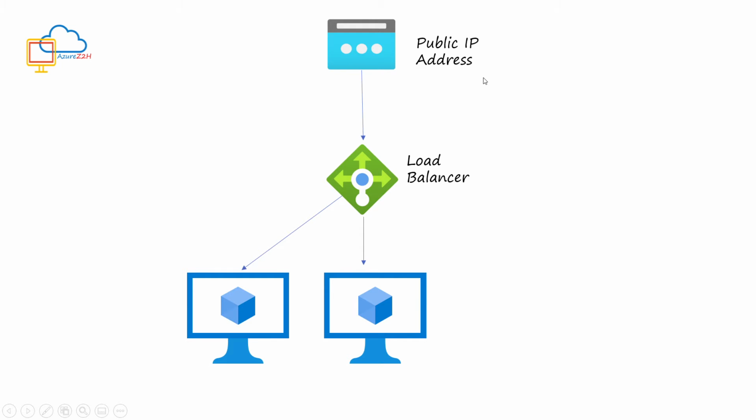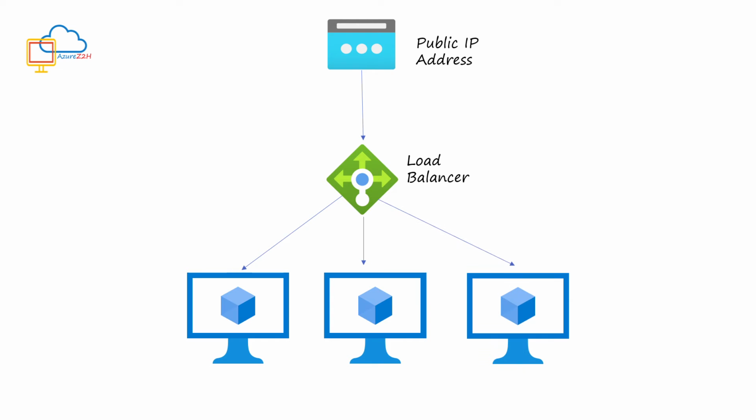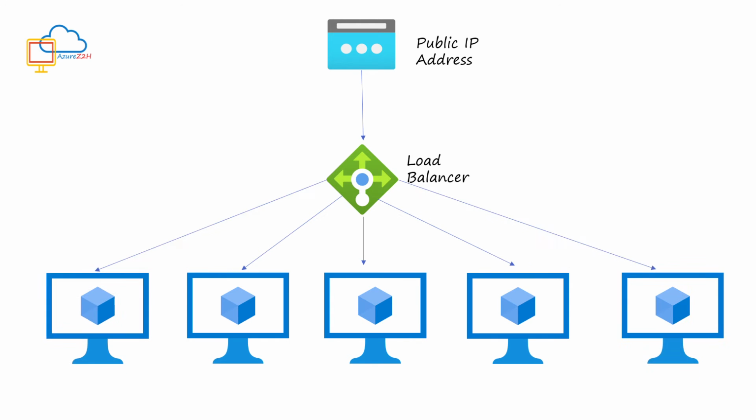Now as traffic is coming, load balancer is distributing that traffic among these two servers. As your business grows, you add one more server and so on. So in this example there is a load balancer which is distributing this web traffic among these 5 web front-end servers or 5 web servers.